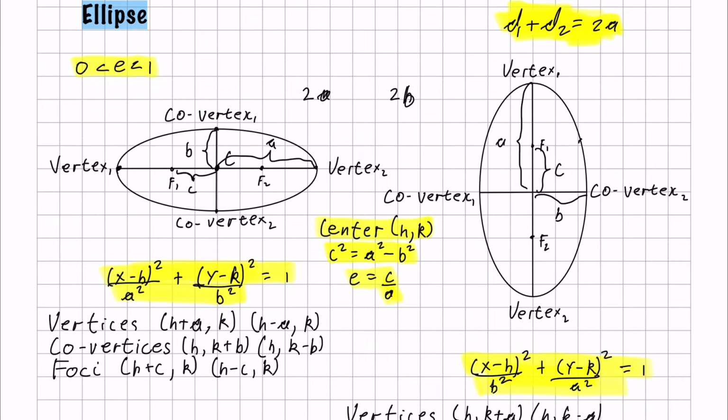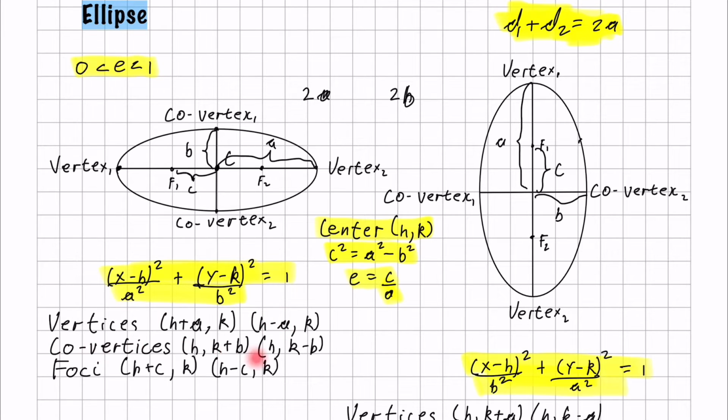The vertices can be determined by h plus a comma k and h minus a comma k. That makes sense because if our center is h comma k, and you go a distance to the right, you get a vertex, and a distance to the left, you get a vertex. So there's a translation happening here.